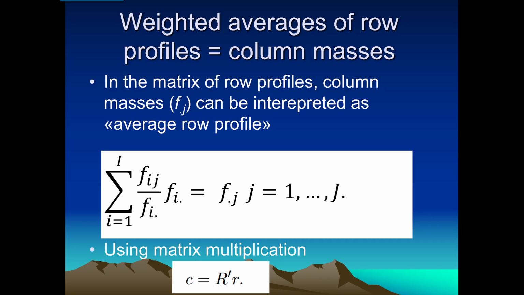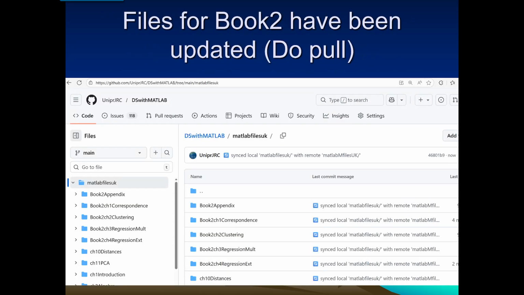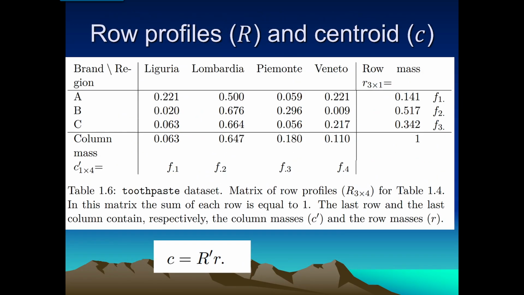If you multiply the row profiles times the total and you take the sum, you end up with f dot j, the mass of element j of vector C. Therefore, the last row contains the column masses, but the column masses are the weighted centroid of the row profiles. Very nice interpretation.